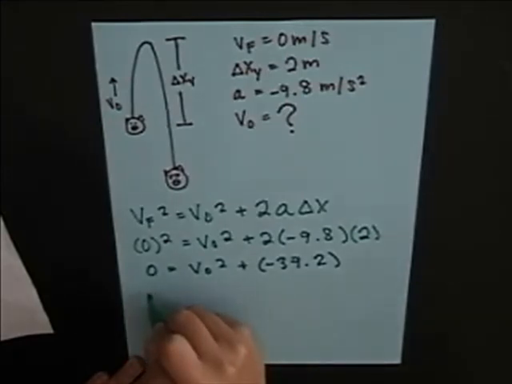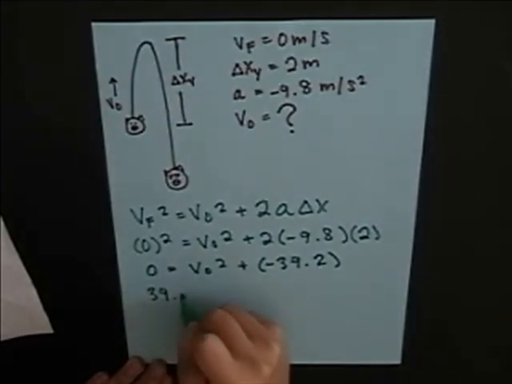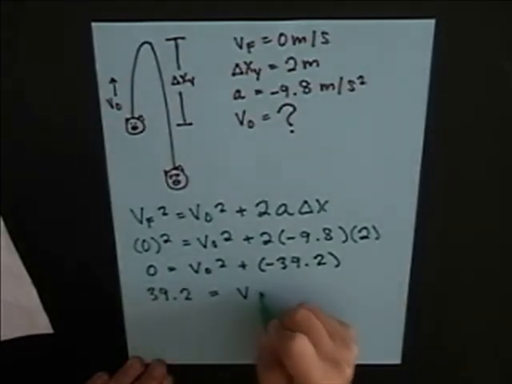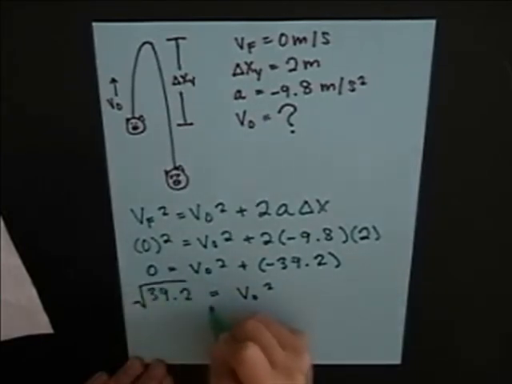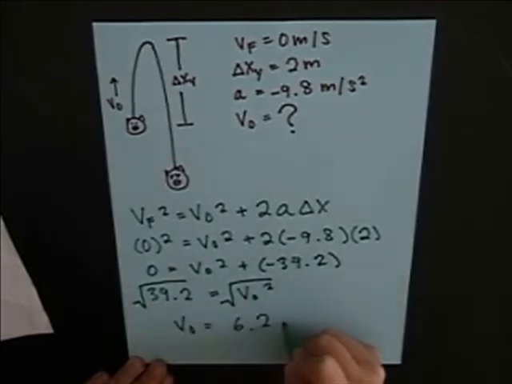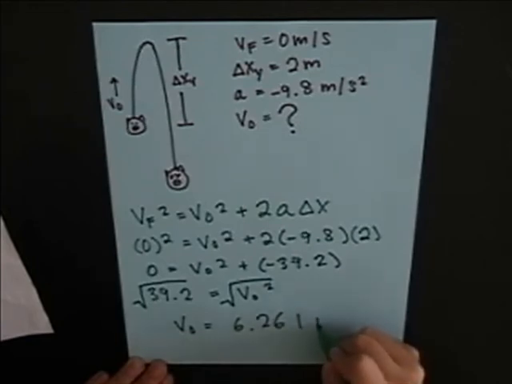Move the negative 39.2 to the other side of the equation and take the square root of both sides of the equation. The result is V initial equals 6.261 meters per second.